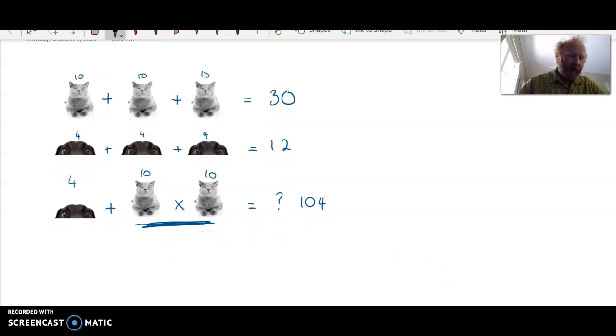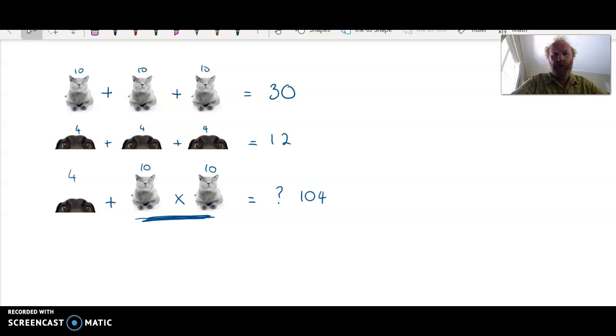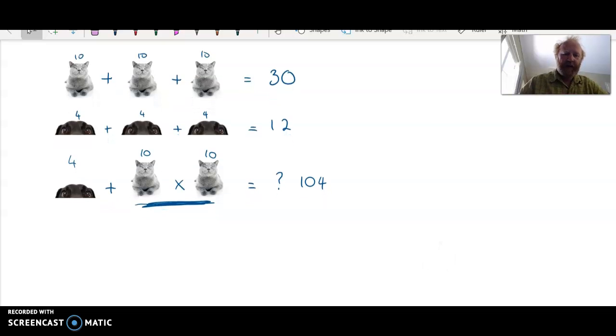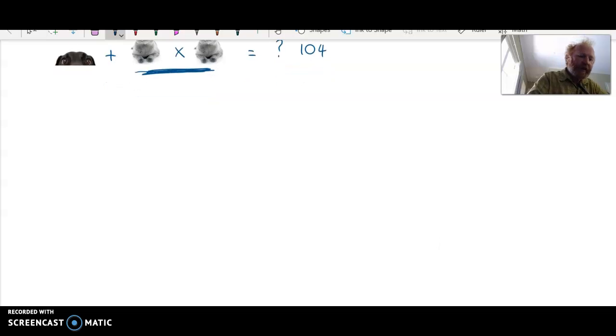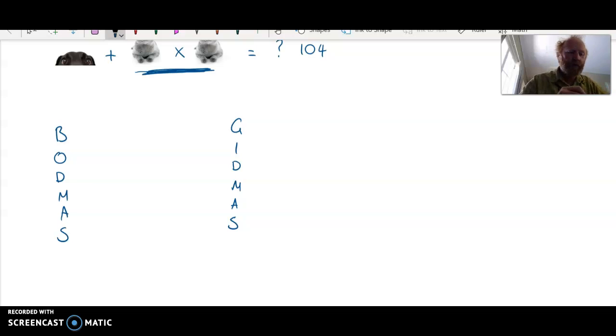So, how do we know what to do first and what to do second? Maths actually introduces a standard format, and there's a mnemonic or two around the place that you'll see that tell you how to do it. I have seen BODMAS, I've seen GIDMAS, and GIDMAS is the one I prefer as ways of describing what's to be done first.